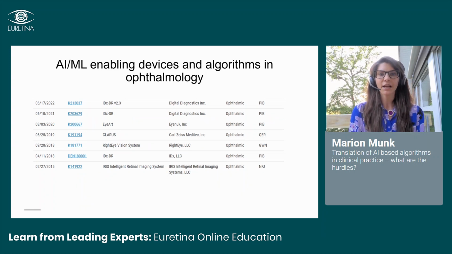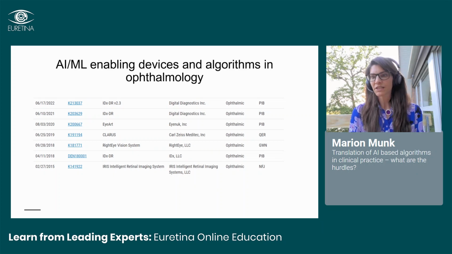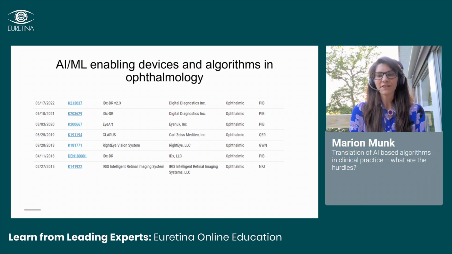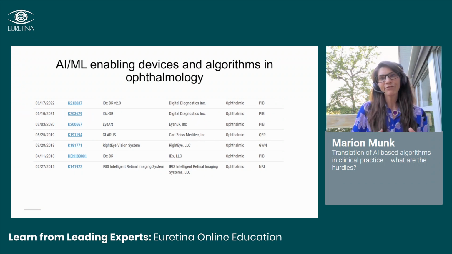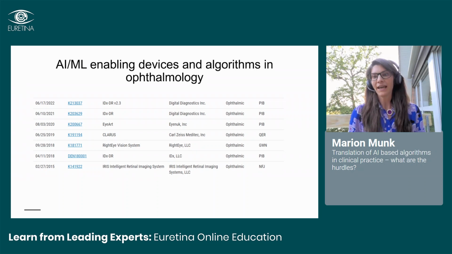You can see here, for example, IDx-DR, which can be used for screening of diabetic retinopathy, and EyeArt from iArt, which was previously approved for AMD and has just recently received clearance for diabetic retinopathy screening. But also a lot of different devices actually have AI and machine learning enabling algorithms inside their software.